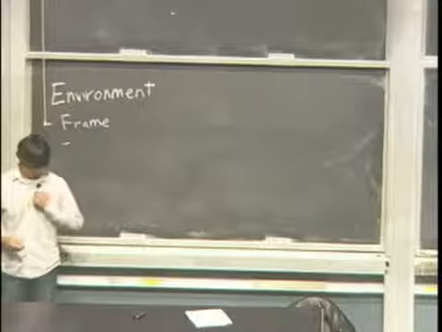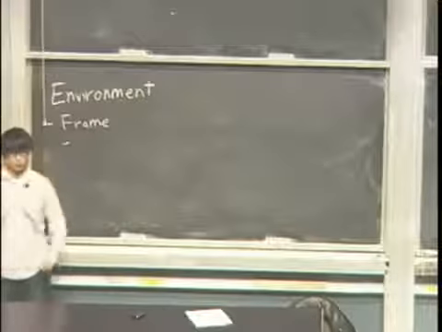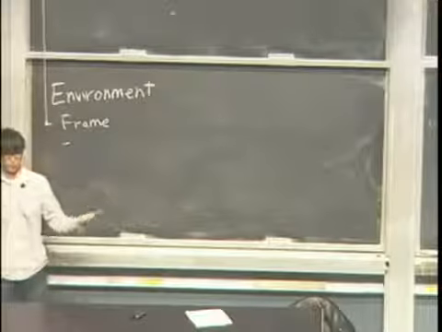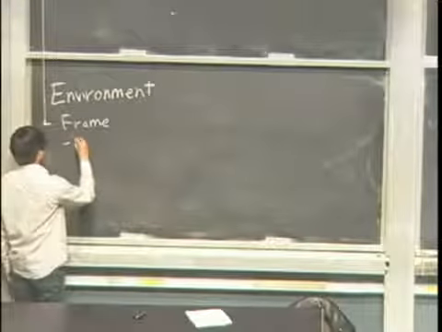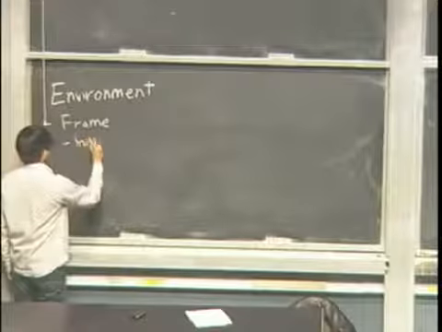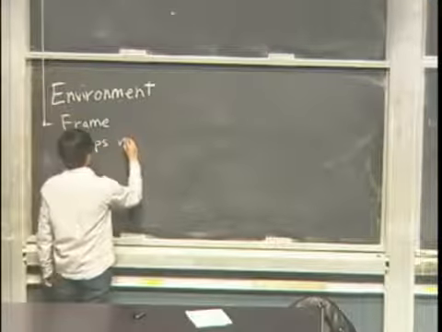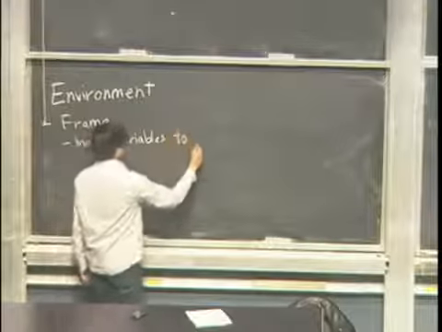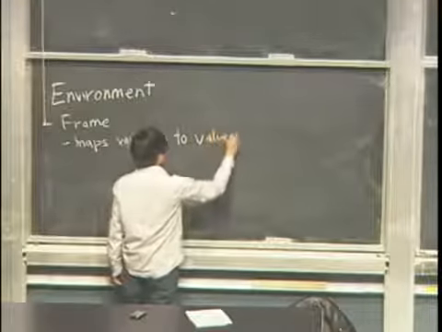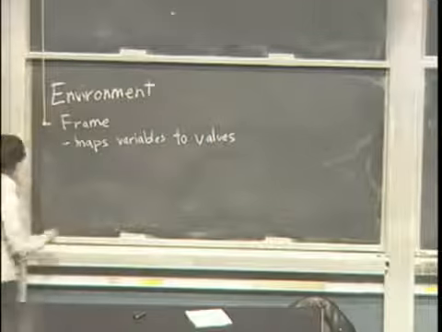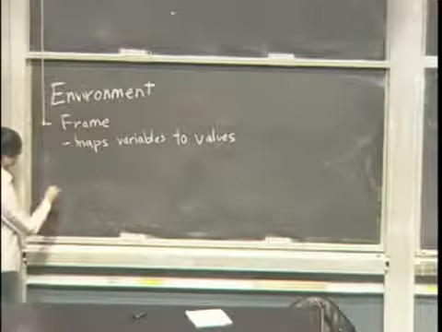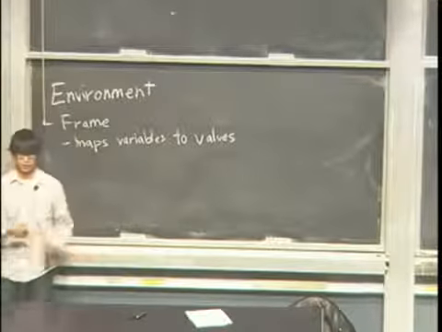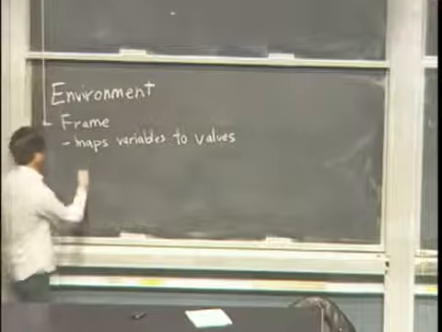And a frame basically is a binding from symbols to values. So it's just like a variable list. We could represent this as, let's say we had a variable foo and a variable x defined in our current environment.